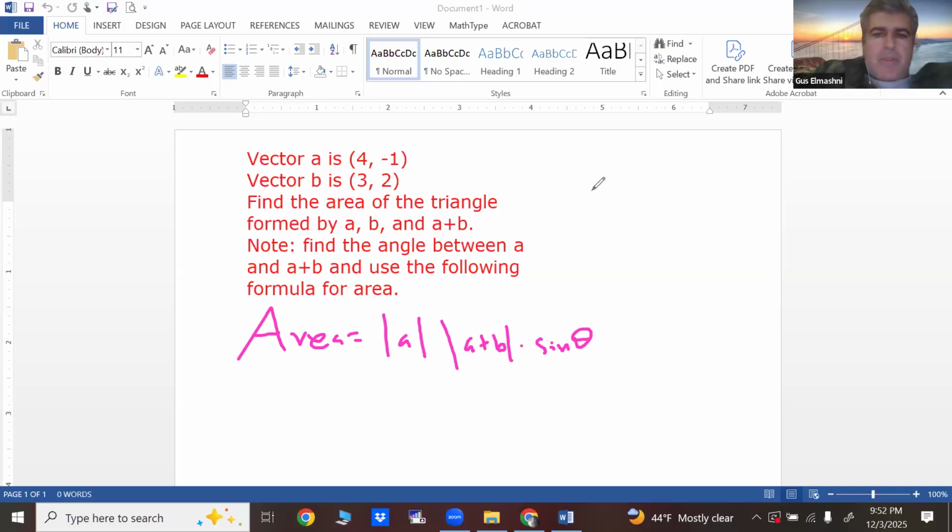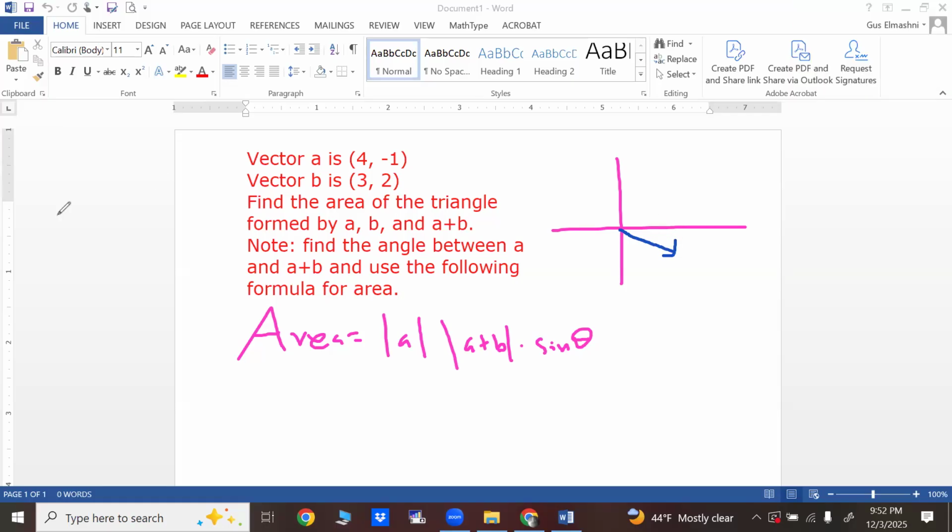I'll draw a diagram to help you guys out a little bit here. Wait, can you not do this using the cosine theta one to find the angle? You will need to do that. This is just a separate formula for area, which I'll provide to you.